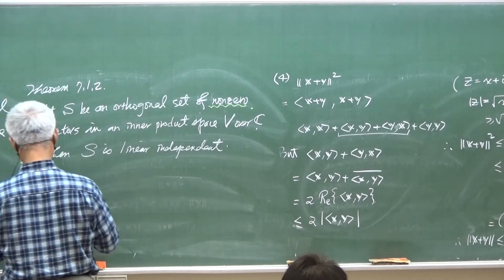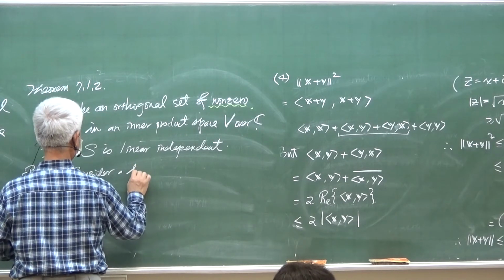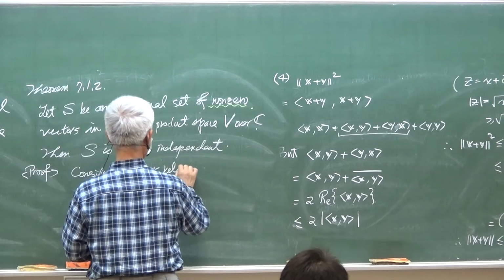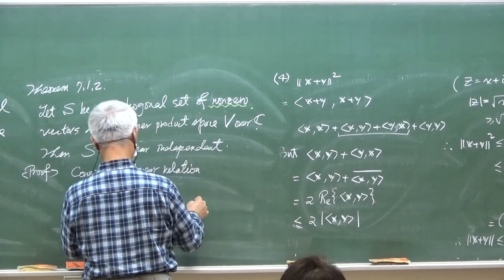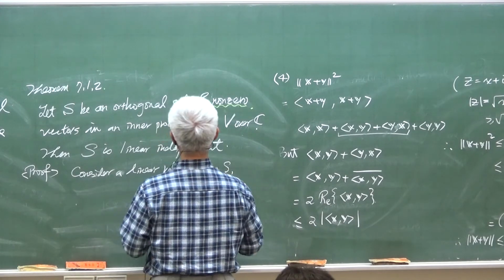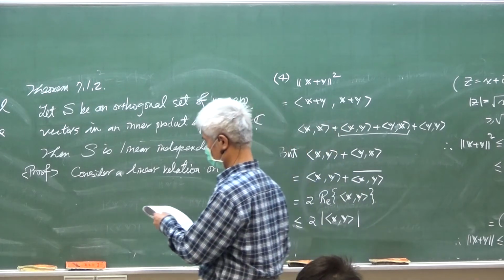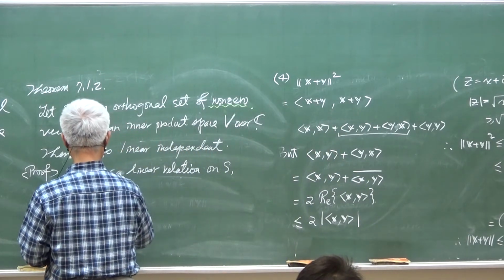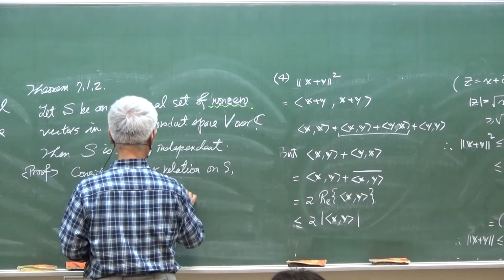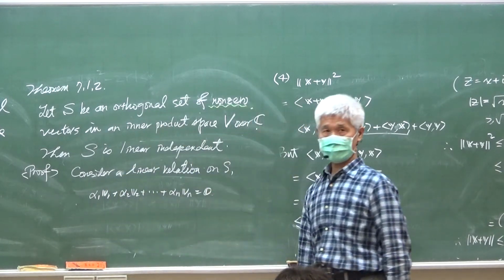The proof here. Now we consider a linear relation on S. So alpha 1 v1 plus alpha 2 v2 plus ... plus alpha n vn equals 0.